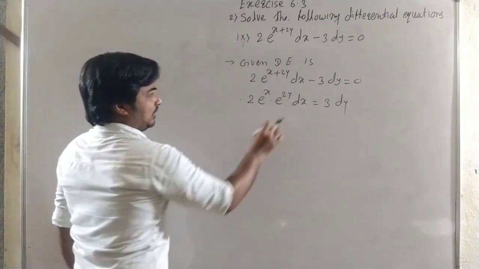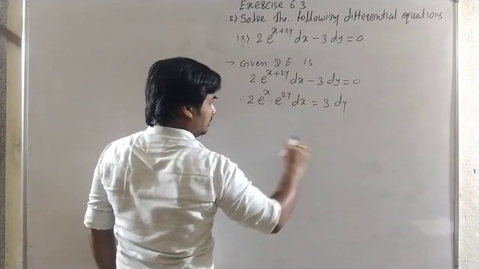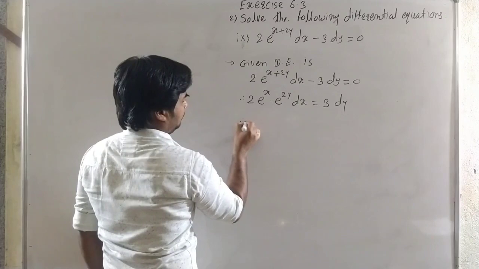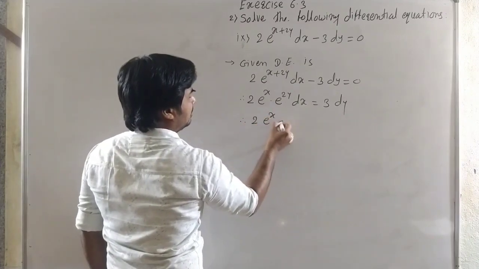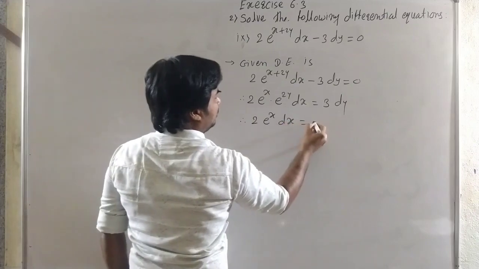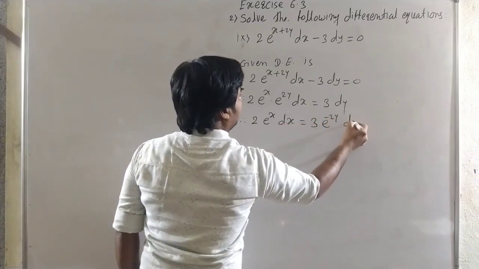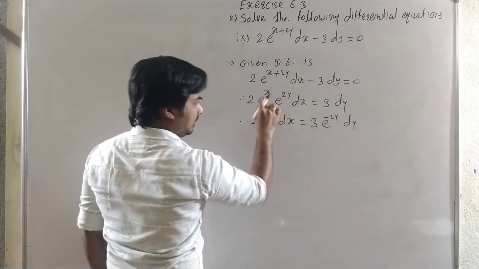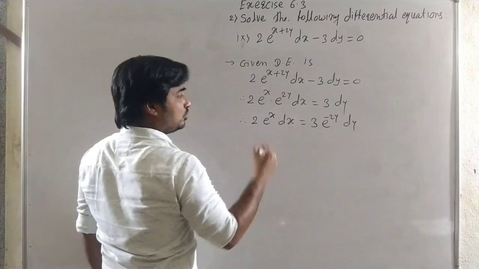Now here it is dx and it is dy. So this e raised to 2y goes with the dy. It is 2 e raised to x dx is equal to 3 e raised to minus 2y dy, since e raised to 2y is in the multiplication and here it goes to the division, so we can write it as e raised to minus 2y.